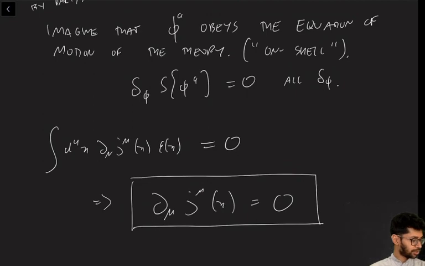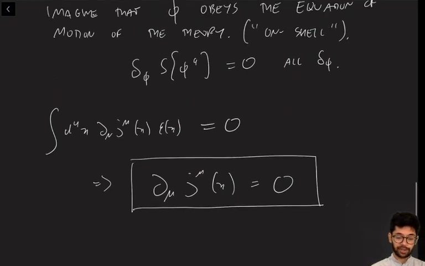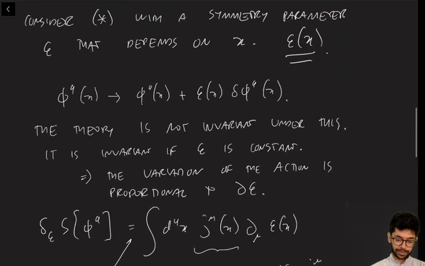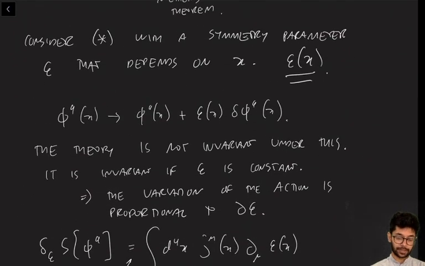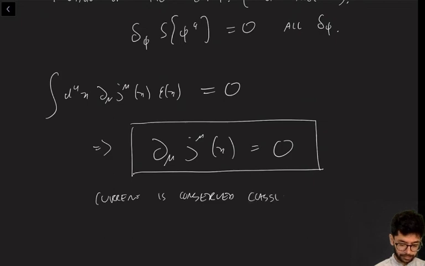So notice that we used two things. We used the fact that the action was invariant under the global symmetry when epsilon is constant, and we used the fact that phi was satisfying the equations of motion. Another way to say this is the current is conserved classically when phi a satisfies its equation of motion.